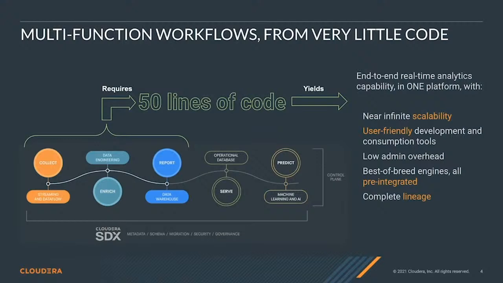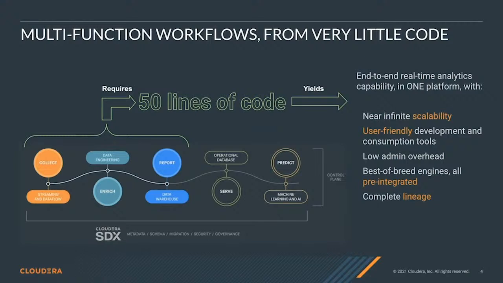So what that means is we have a source relational database, and all the transactions that happen in that database, it might be your CRM system or ERP system. All those transactions are streamed through to Kafka, picked up in NiFi, stored into the Kudu storage engine for real-time operational reporting. And that entire application that we built was done with less than 50 lines of code in Cloudera Data Platform.